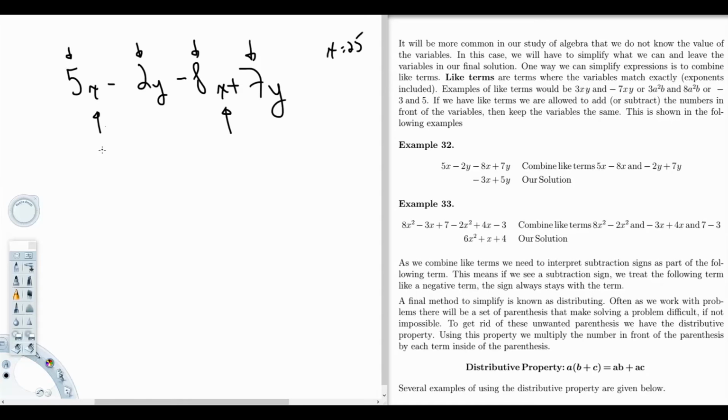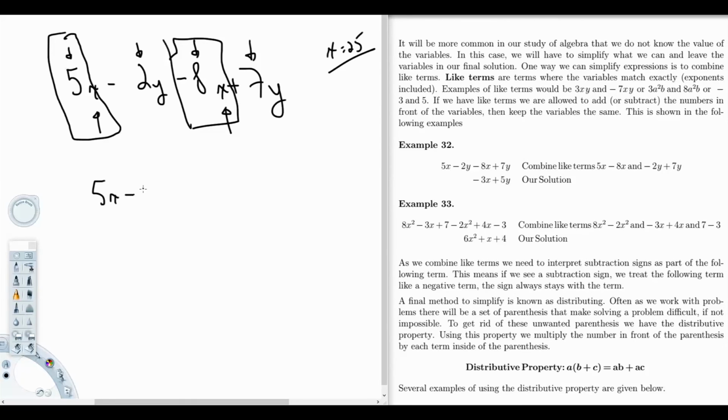Now let's look at this more in depth. Let's say x equals 25. So let's take a look at this and this. So it's going to be 5x minus 8x. That will equal something.